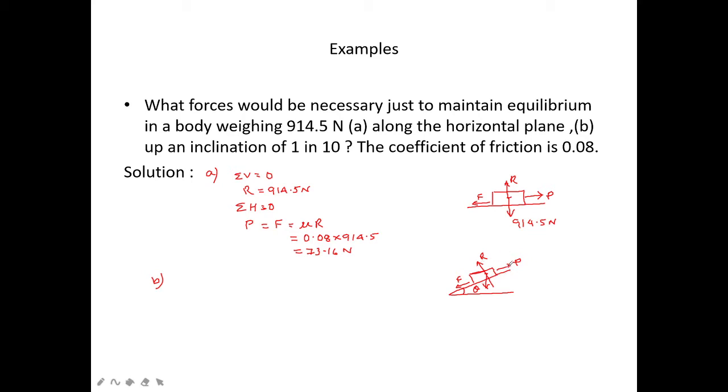This is the W, and if you resolve, you will get W sin theta in this direction and W cos theta in this direction. This will be W cos theta, and this will be your W sin theta.